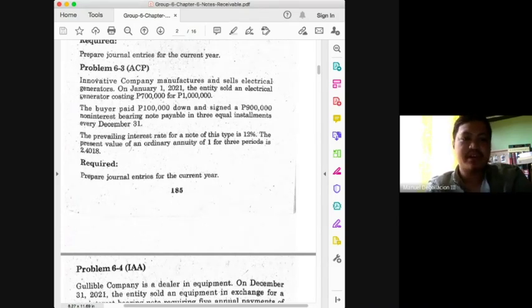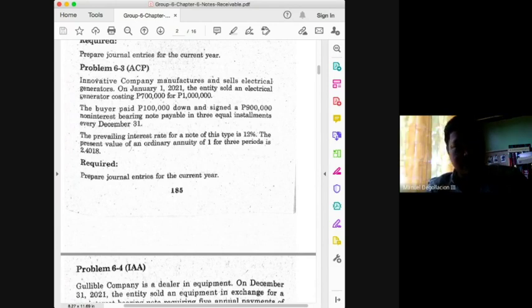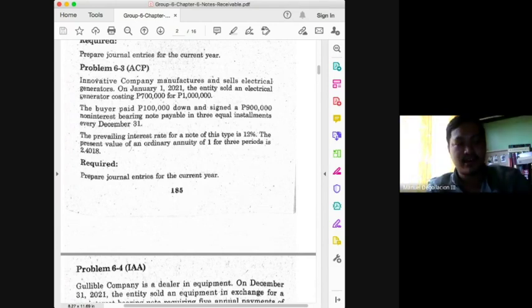And as I mentioned earlier, we will recognize the notes receivable in the amount of 900,000. So our debits would be cash 100,000 and notes receivable 900,000. Our credit would be unearned interest income in the amount of 179,460.